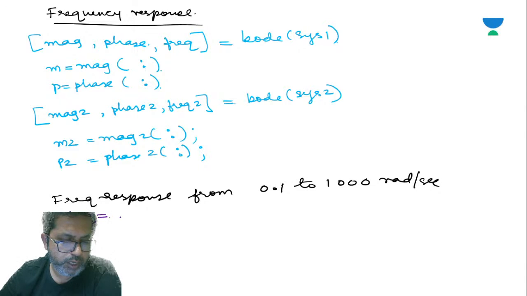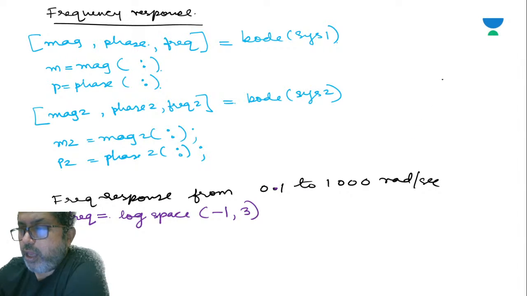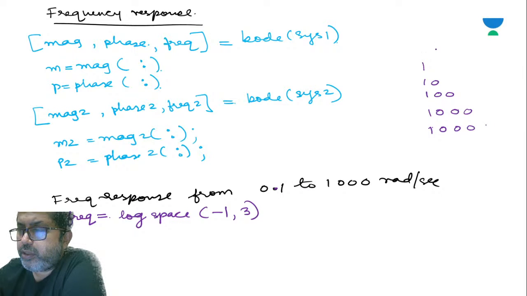Frequency is equal to logspace(-1, 3). How does this come out to be -1, 3? See here, this is 1, 10, 100, 1000, 10,000, like this.